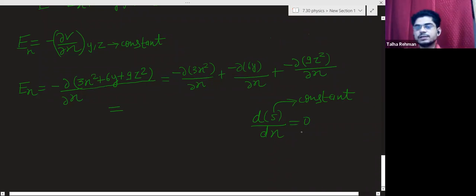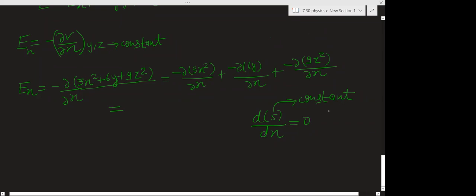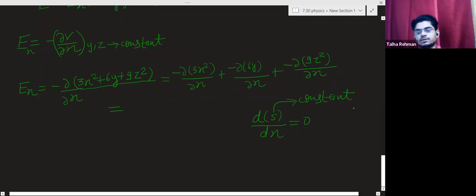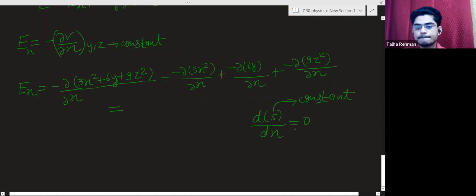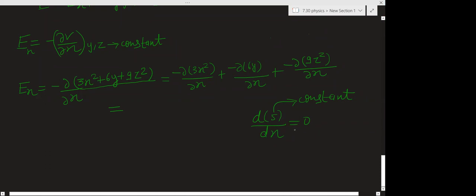You are in 12th and you are from CBSE? Yes, sir. I think differentiation should be in your syllabus. No, in school they don't teach us because we don't have maths.